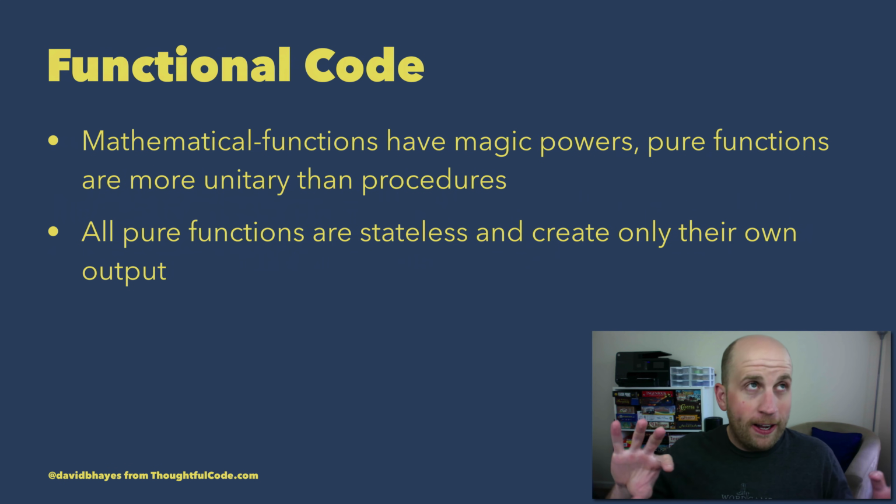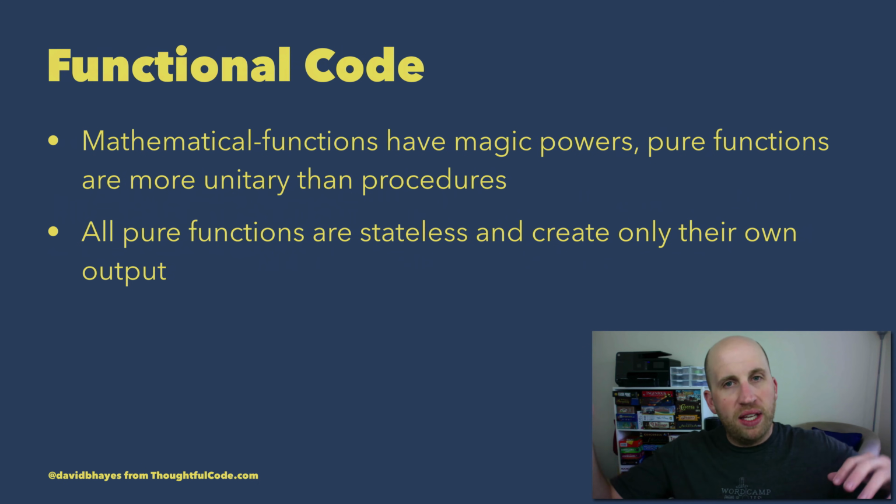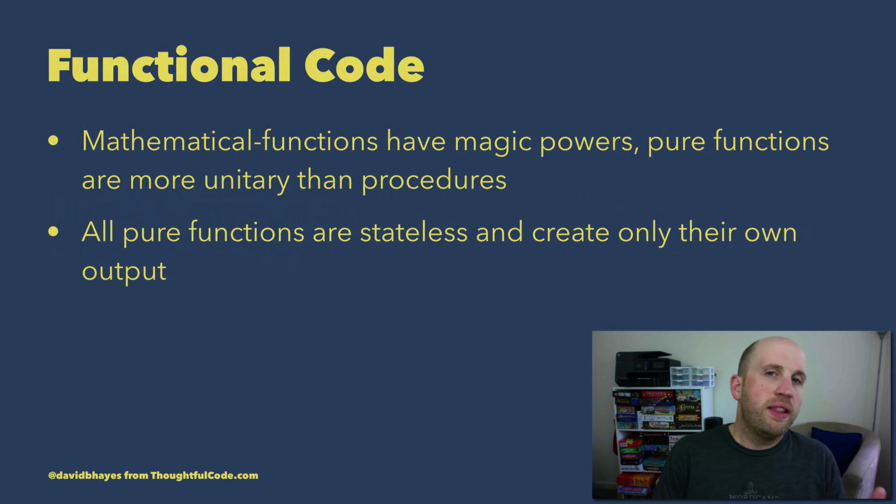And they're more pure in the sense of only doing one thing than an object will be. So pure functions are mathematical-like, and they are the heart of functional programming. And they are stateless, and they only create their output. They don't have what we often call side effects. And we'll get into all of that in a little more detail in a sec.